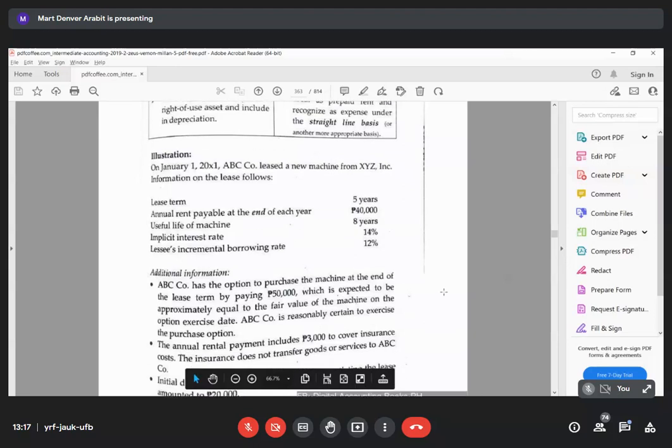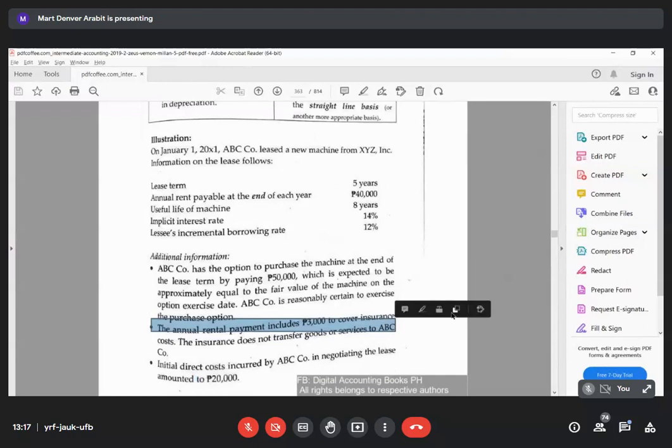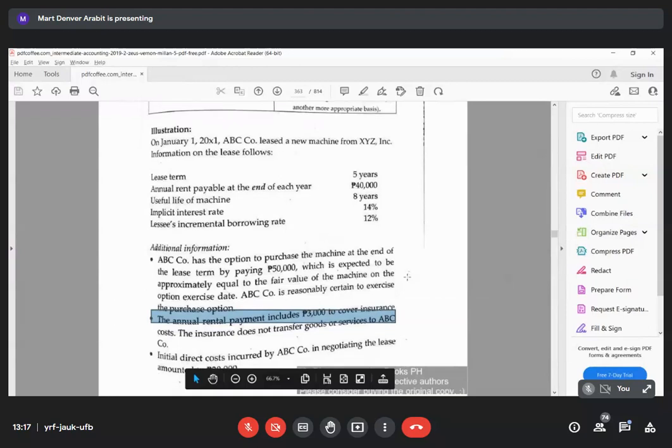So the annual rental payment includes 3,000 to cover insurance cost, and the insurance cost does not transfer goods or services to ABC. So this 3,000 pesos should not be part of the lease liability, right? So initial direct cost incurred by ABC in negotiating the lease is 20,000.